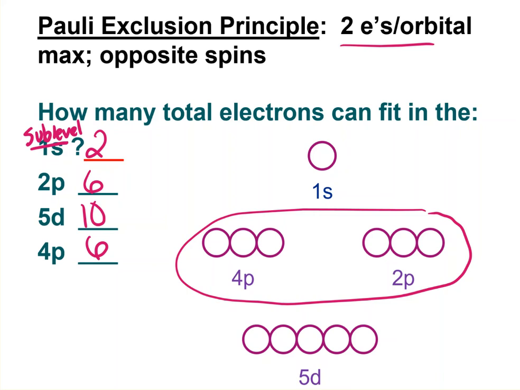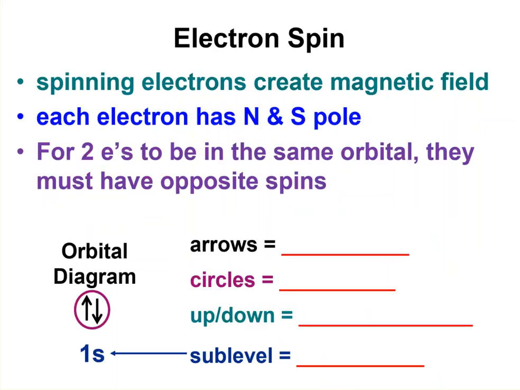The other part I talked about was electron spin. Electron spin literally is that the electrons are spinning on an axis, and anytime you have a charge that is moving, it sets up a magnetic field. So if you have electrons in 1 orbital, you can fit 2 if they have opposite spins, which means their magnetic fields will be opposite, which will allow them to be in there together. It's kind of like when you have 2 magnets, if you align them in the same direction, north to north and south to south, they will repel quite a bit.